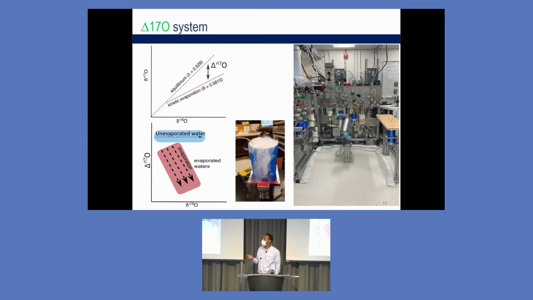But whenever we have evaporation, the graph will deviate into this kinetic evaporation. So the difference between no evaporation line and an evaporation line, we will have some excess that will be represented by cap 17O. So we can measure using the technique that has been developed by some researchers.